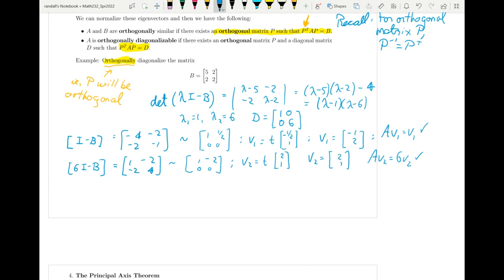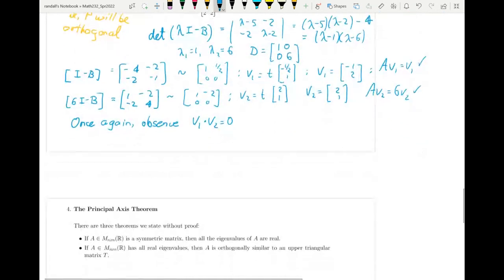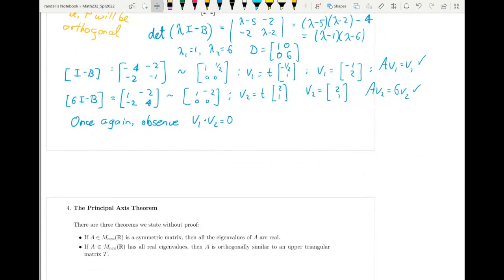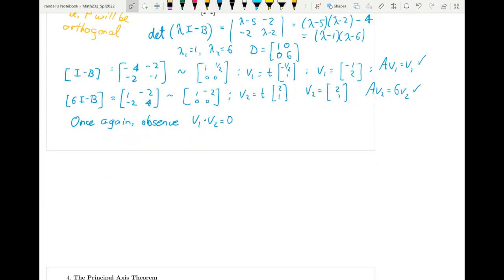All right. Now, once again, observe that they're orthogonal, that V1 dot V2 is 0, which was guaranteed by the theorem, which we didn't prove, that eigenvectors for different eigenvalues of symmetric matrices are orthogonal.